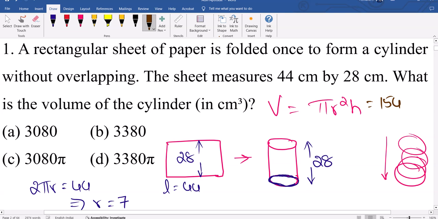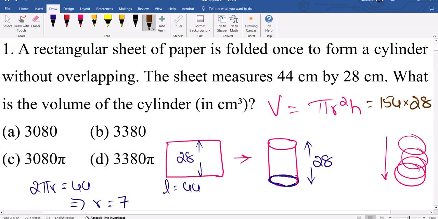I think we don't get anything for pi, we don't obtain it, so pi is not required. So 22 divided by 7 into 7 square, 7 will get cancelled, 154 into 28. This is what we require.